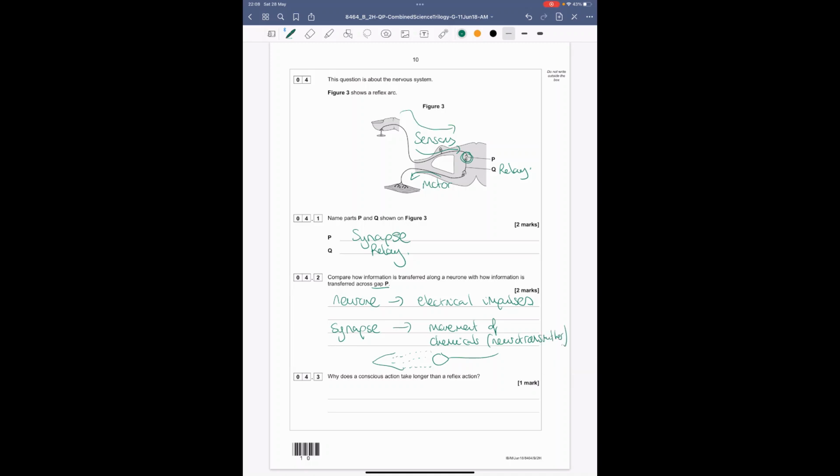Question 4.3. Why does a conscious action take longer than a reflex action? Well, the conscious action is determined by the brain, whereas a reflex action is controlled by the spinal cord. So why does a conscious action take longer? Well, quite simply, it has potentially further to travel.